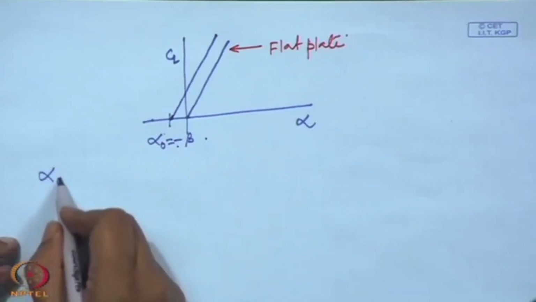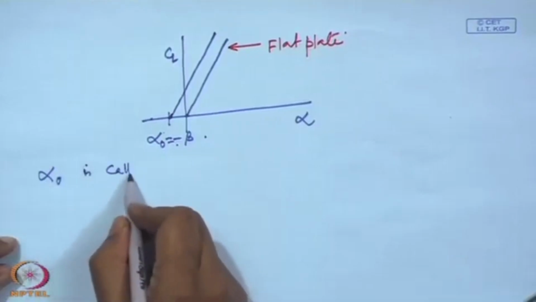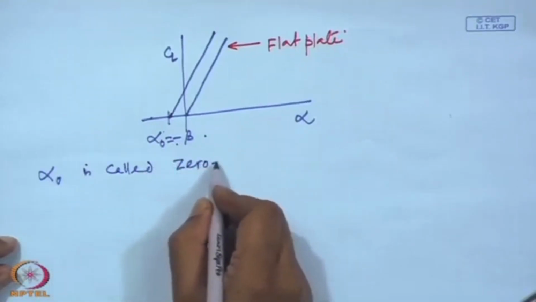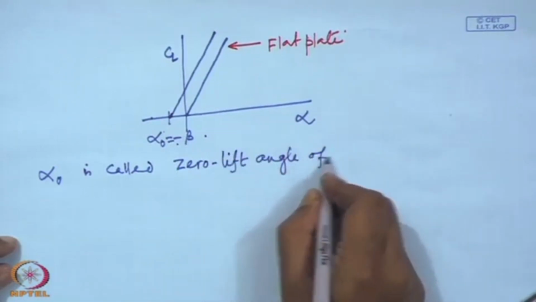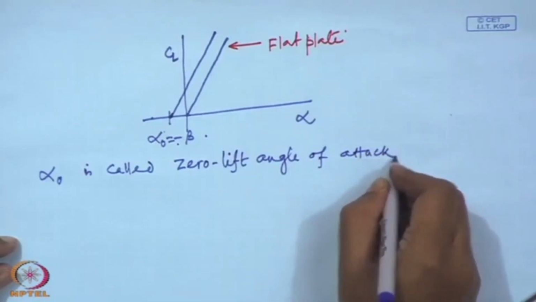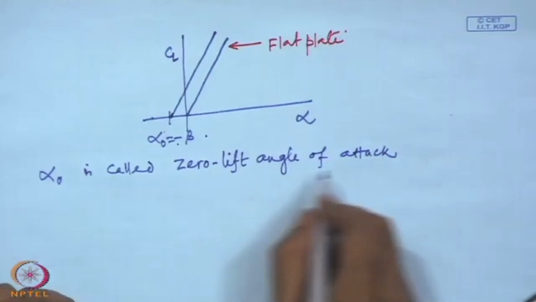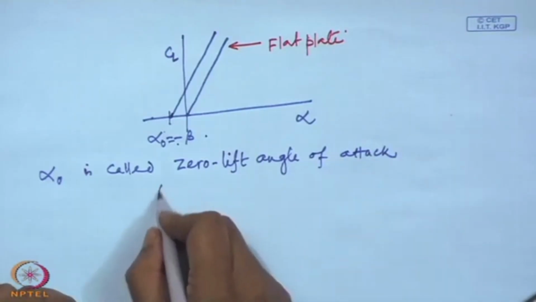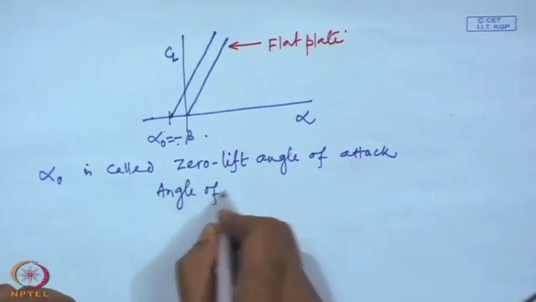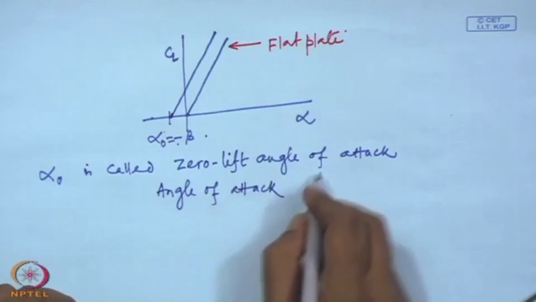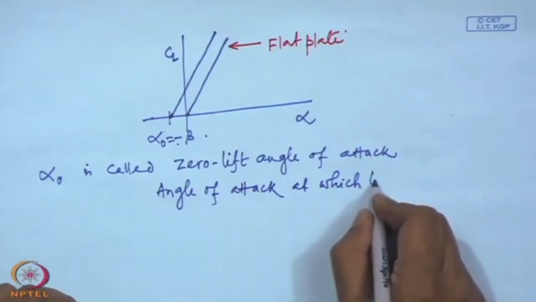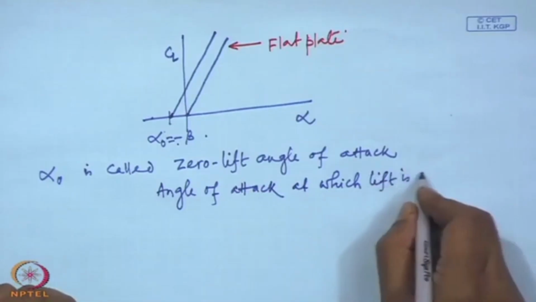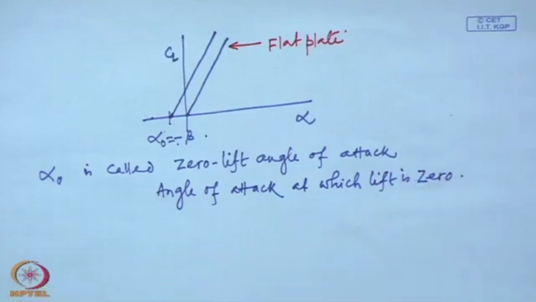This alpha 0 is called the zero lift angle of attack, the angle of attack at which lift is 0.